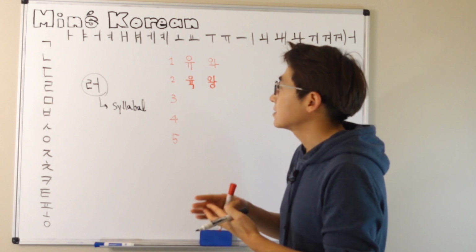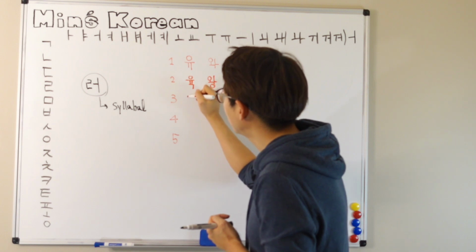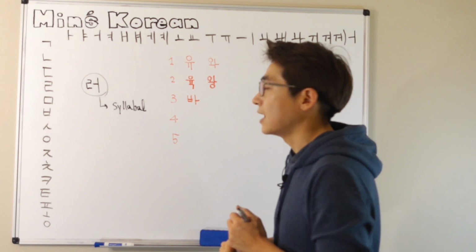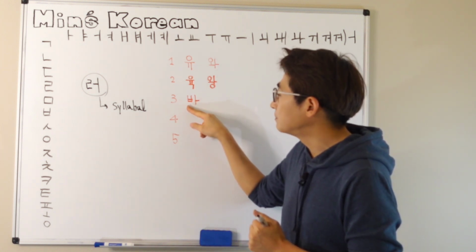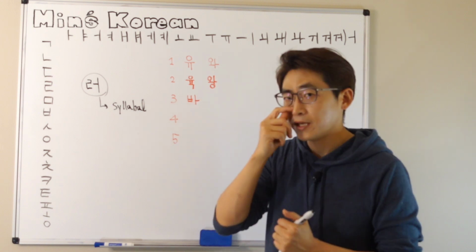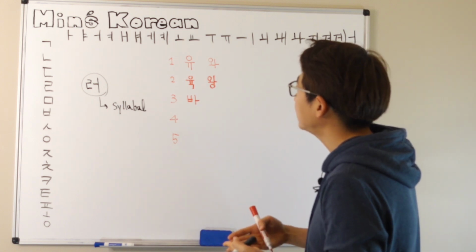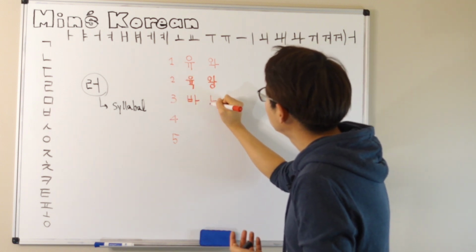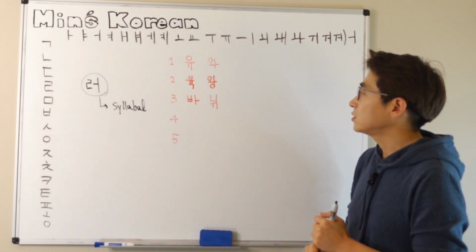And the third type of Korean combination is a consonant sound followed by a vowel sound. So we can have pieup over here, and then we can do "pa." So clearly we have the consonant sound followed by the vowel sound. Let's give another example. Let's do digeut, and we can do it like that.